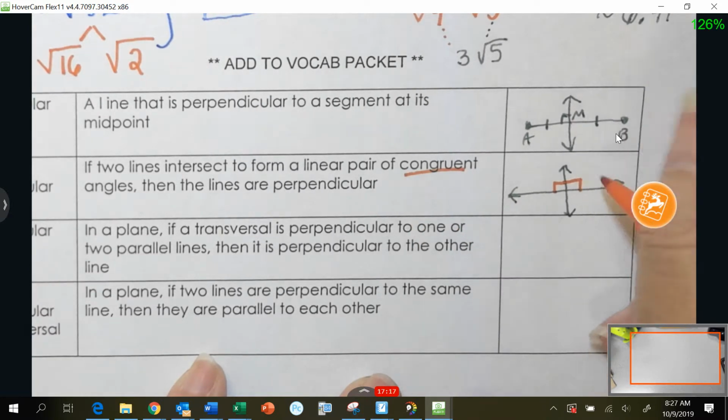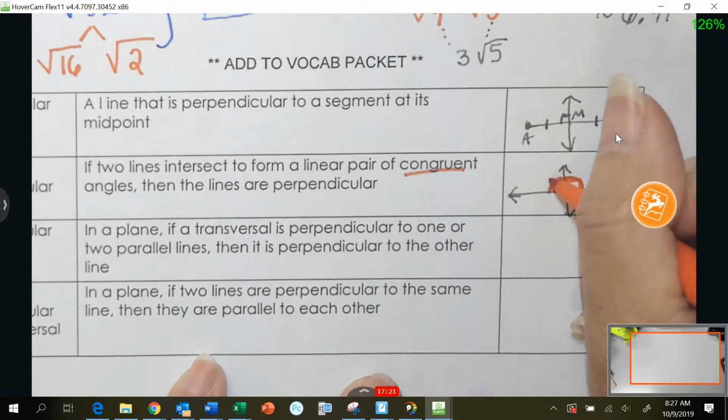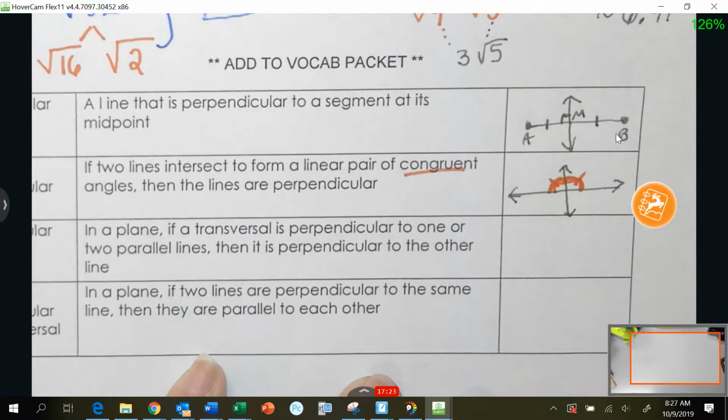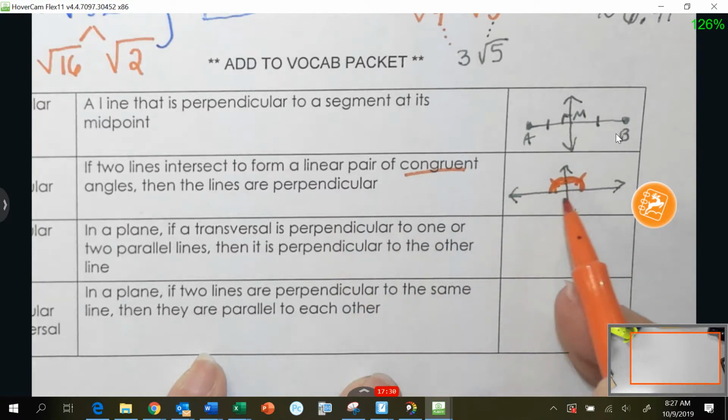I guess I should have drawn this congruent. Then you can assume that these congruent angles are perpendicular, because that's the only way they can be the same with a linear pair.